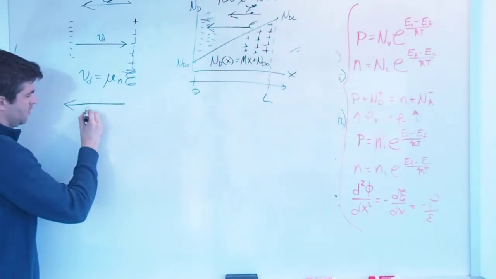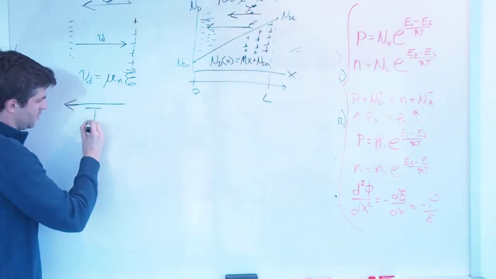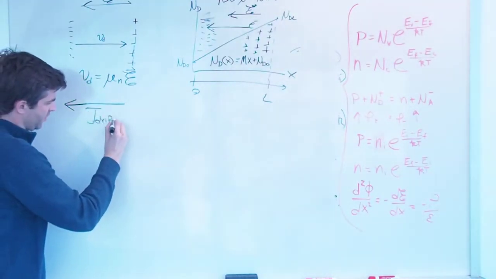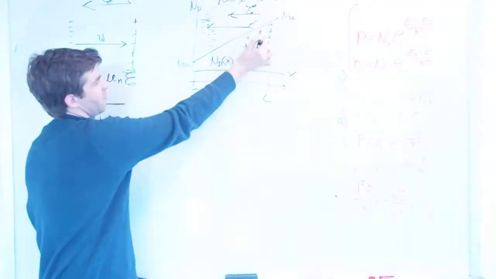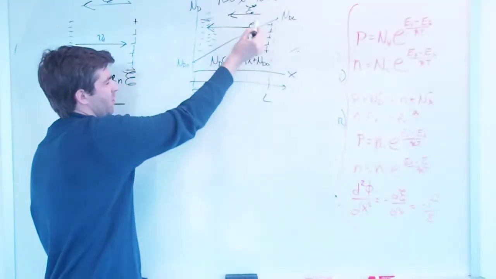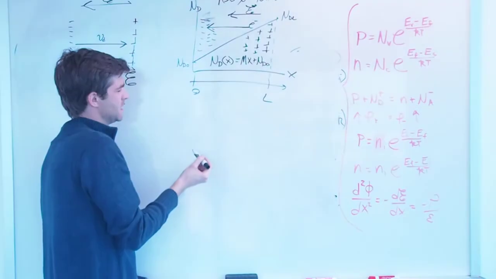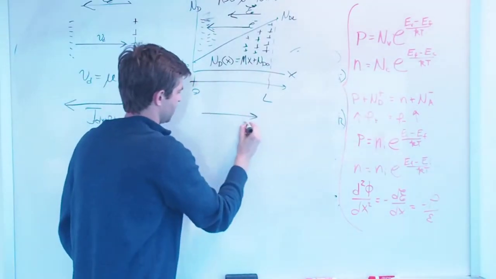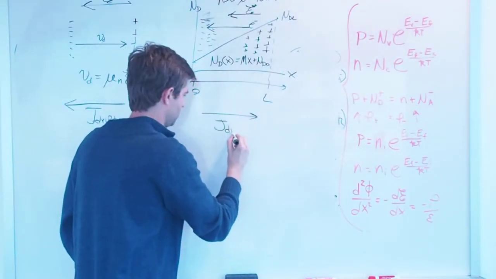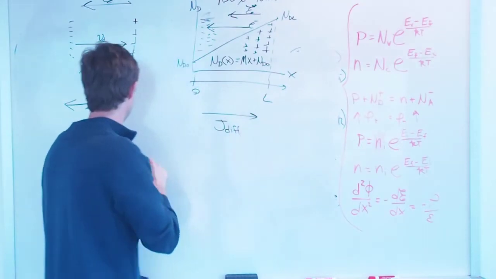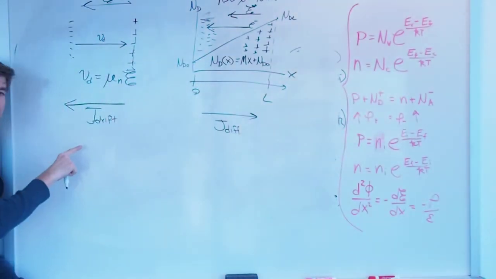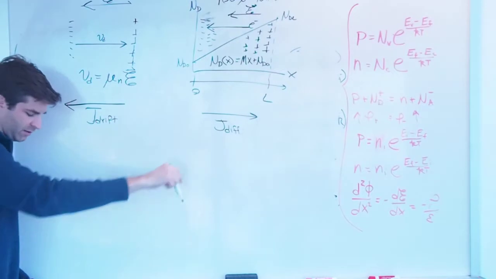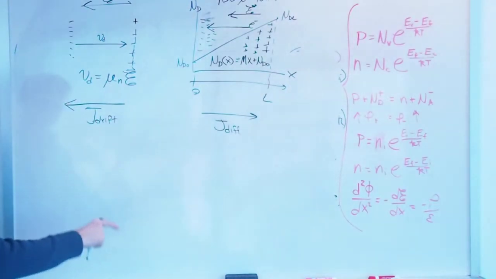Call this J drift. And our diffusion current, electrons are diffusing this way, high concentration to low concentration, is going to be in this direction here. Drift current density, diffusion current density. So we need an expression for both of these, right?